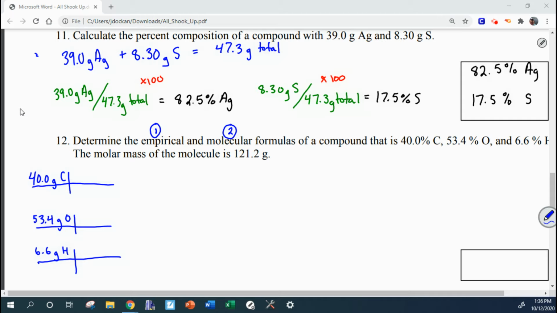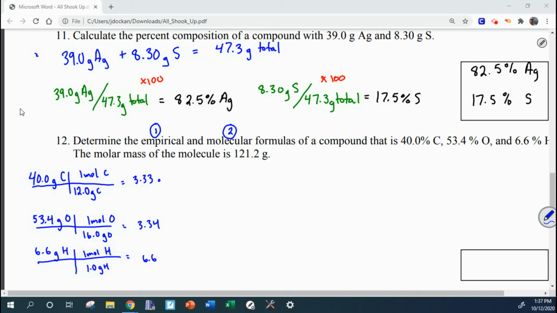Now I need to do mass to moles. 12.0 grams of carbon for every 1 mole of carbon. 16.0 grams of oxygen for every 1 mole of oxygen. 1.0 grams of hydrogen for every 1 mole of hydrogen. Percent to mass, I'm still calculating mass to moles. I get 3.33 here. I get 3.34 here, and 6.6 here.